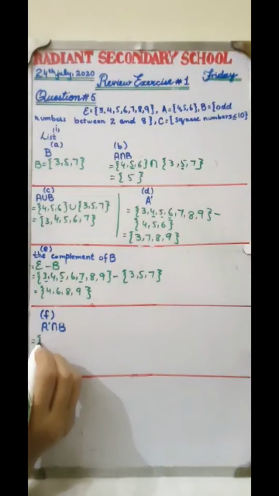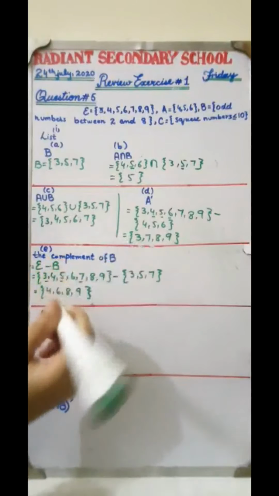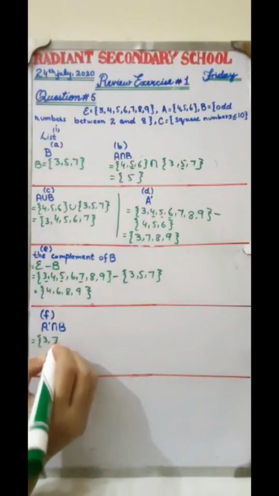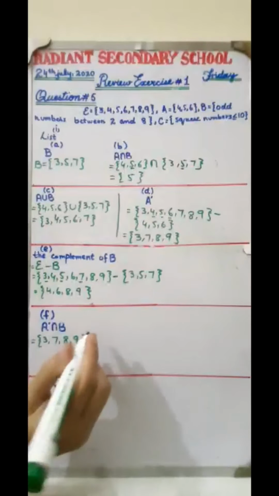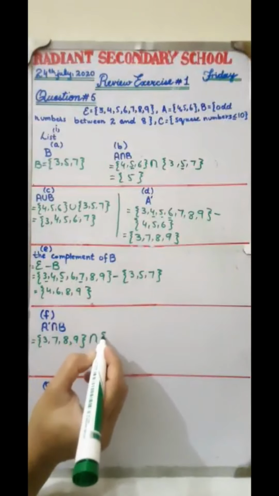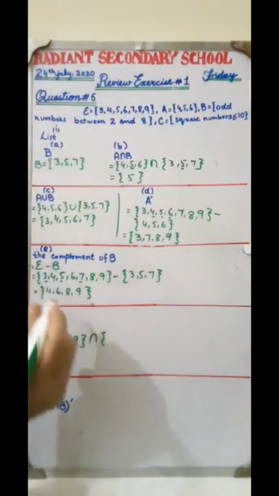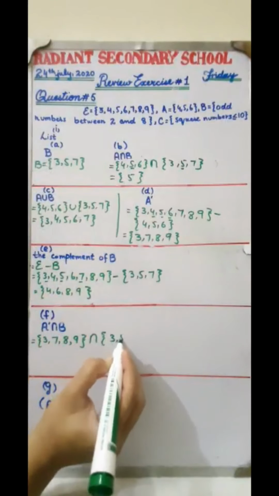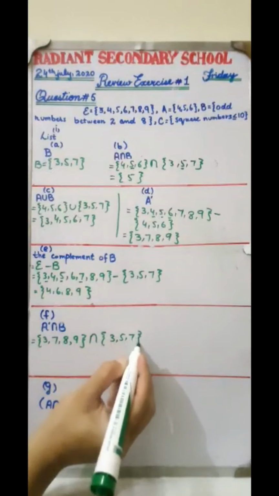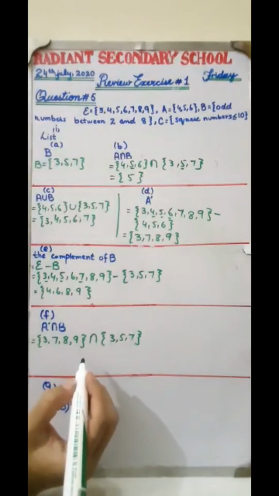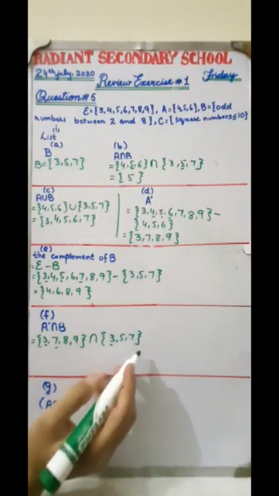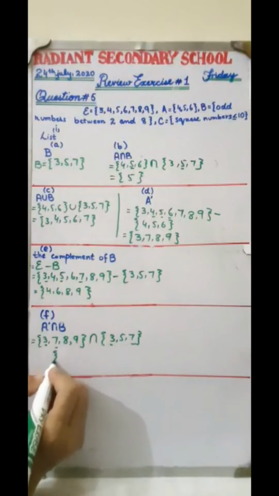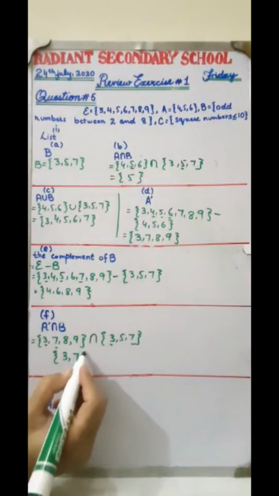A complement was 3, 7, 8 and 9. Intersection B. B is 3, 5, 7. So we have to find the common elements between these two. 3 and 7. So their intersection is 3 and 7.